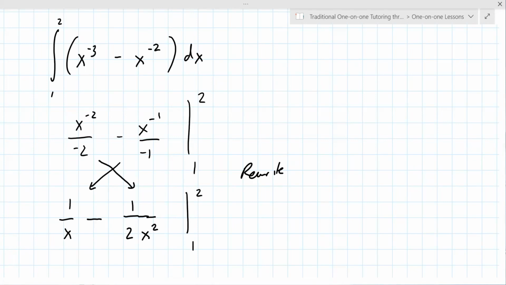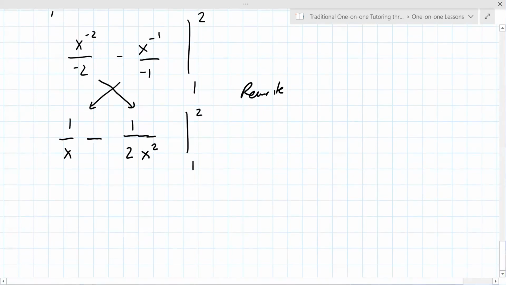All right, so then you do 1 over 2 minus 1 over 2 times 2 squared minus 1 over 1, which is 1 minus 1.